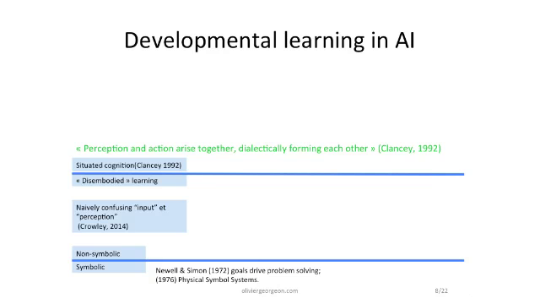But above this line, we don't consider the input data as the perception of the agent. Here is this quote from Clancy, that perception and action arise together dialectically from each other. So we really start with interactions to construct a perception of the world and knowledge of the world.